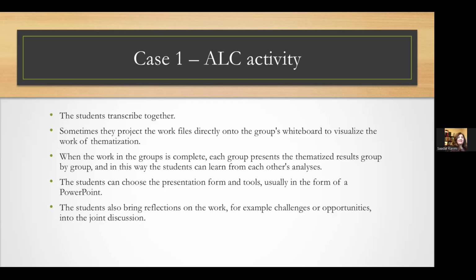The students can choose the presentation form and tools, usually in the form of PowerPoint, and it's up to the students. The students also bring reflections on the work, for example, challenges or opportunities, into the joint discussion. To create good conditions, all surfaces in the room are used.